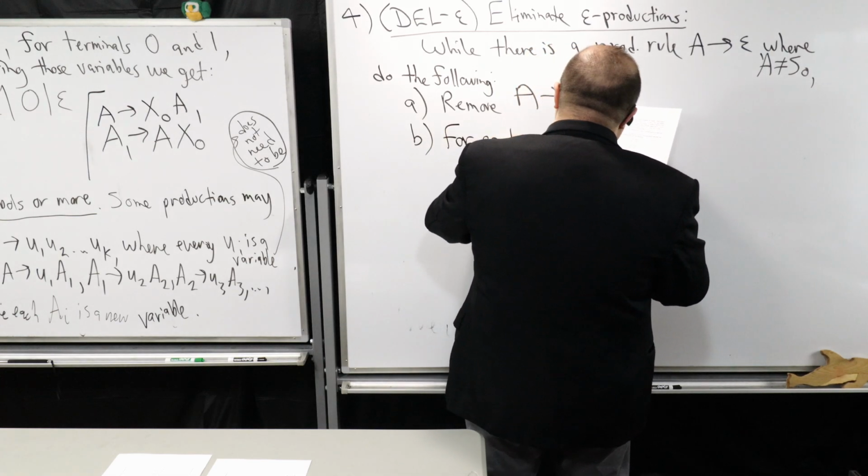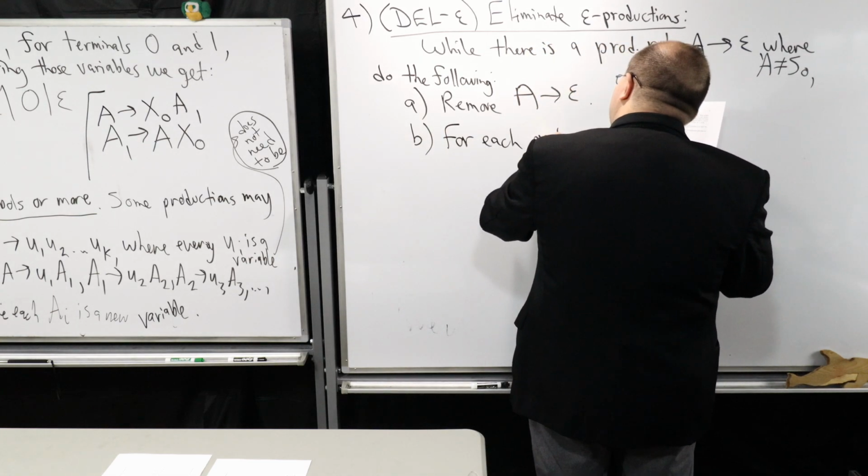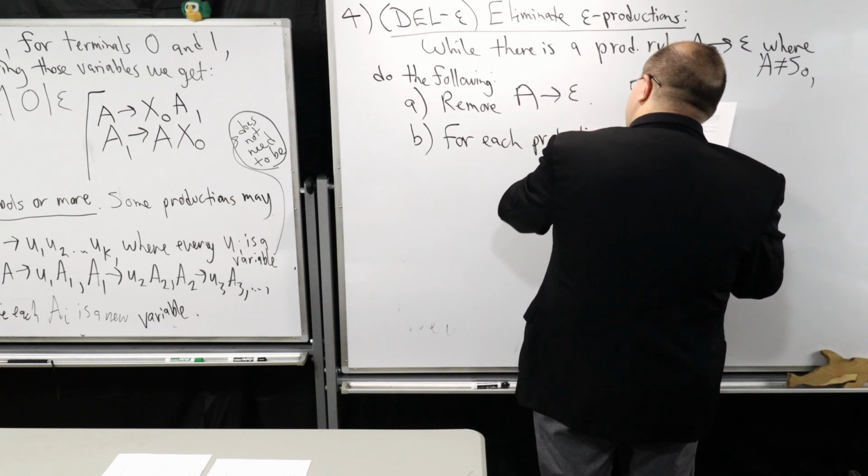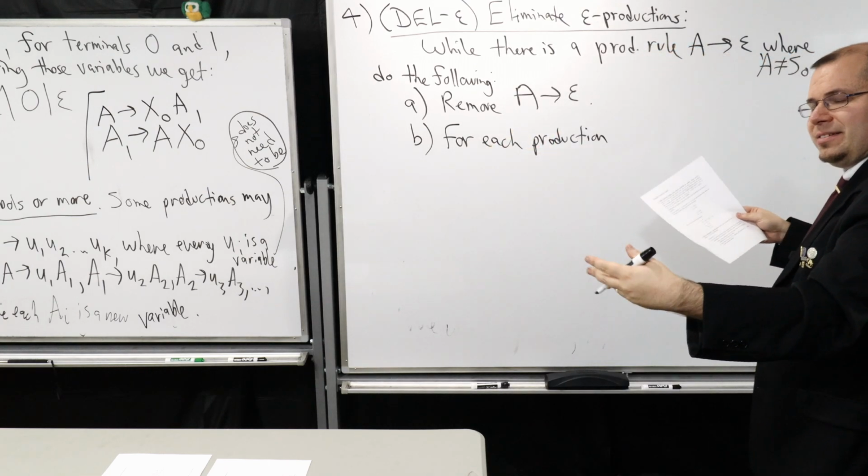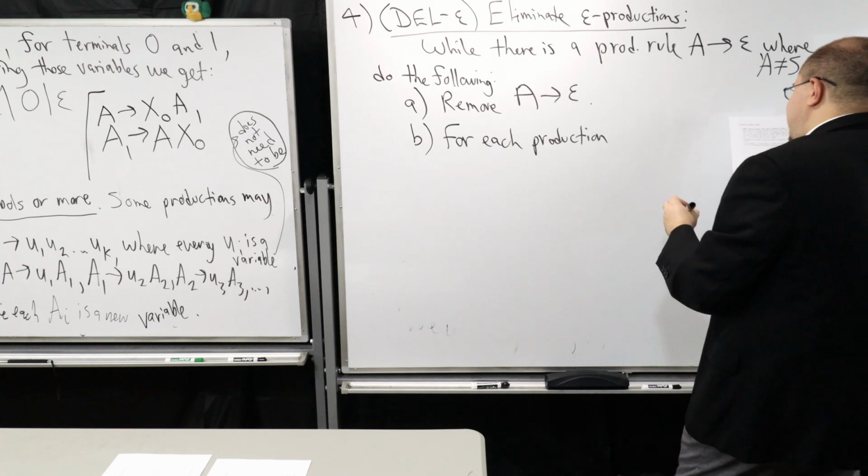for each production rule. So now this is the tricky part, and I want you to follow me carefully. I'm going to give you a couple of ideas of how this works, and we'll see the example.